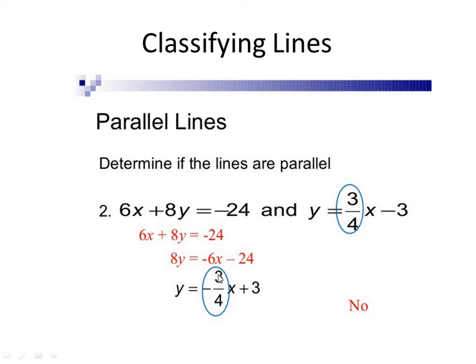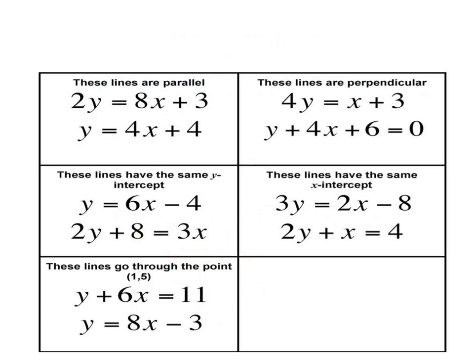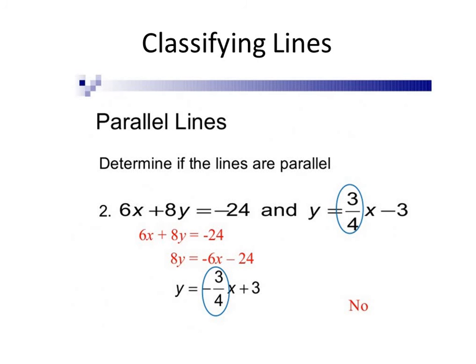Now it is 6 over 8, and we can simplify it by dividing by 2: 6 divided by 2 is 3, and 8 divided by 2 is 4, and there is the sign, as you can notice here.